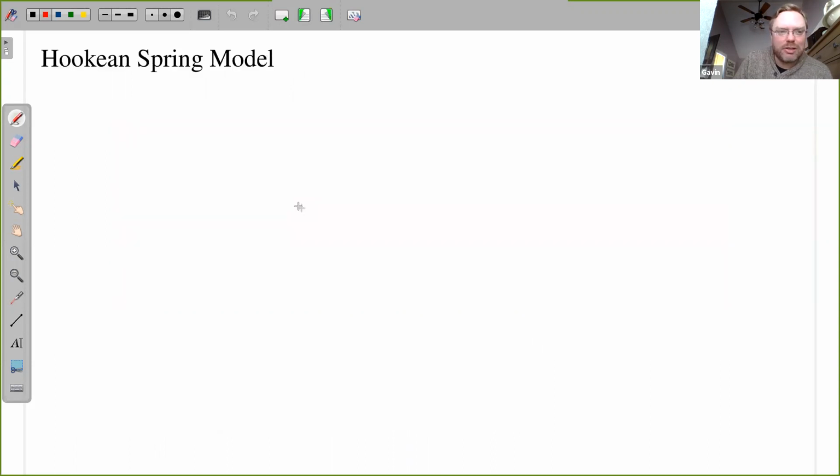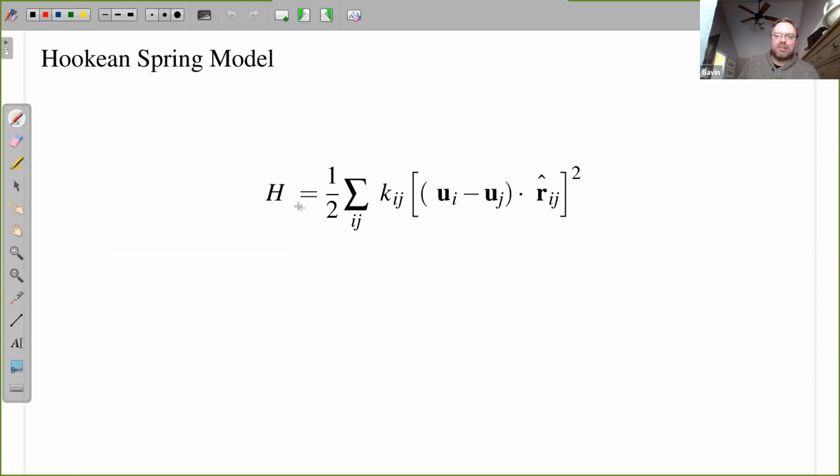The next level is the Hookean spring model. And the Hookean spring model has an elastic energy, a Hamiltonian, written down like this. And this is very similar to the first term that we saw in Yang's talk just a minute ago.